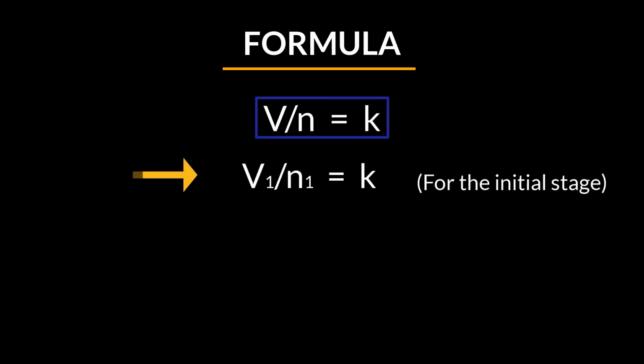Formula for Avogadro's law. A little while ago, we got an equation which is V over small n equals K. For the initial stage, we can write V1 over n1 equals K. One question that may come to your mind is, how can I write 1 here?